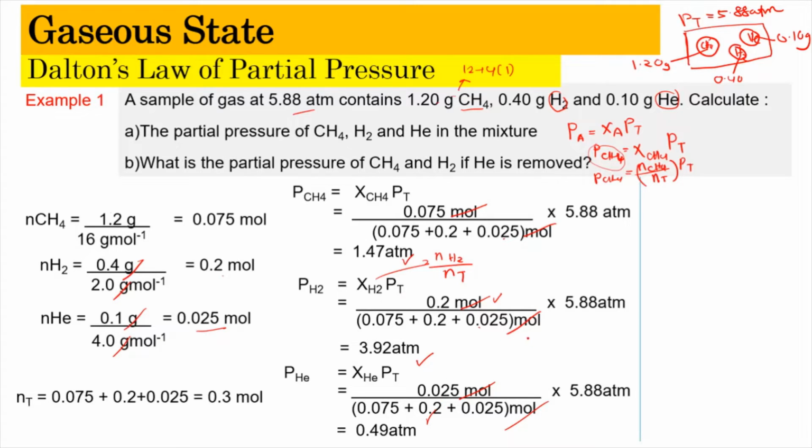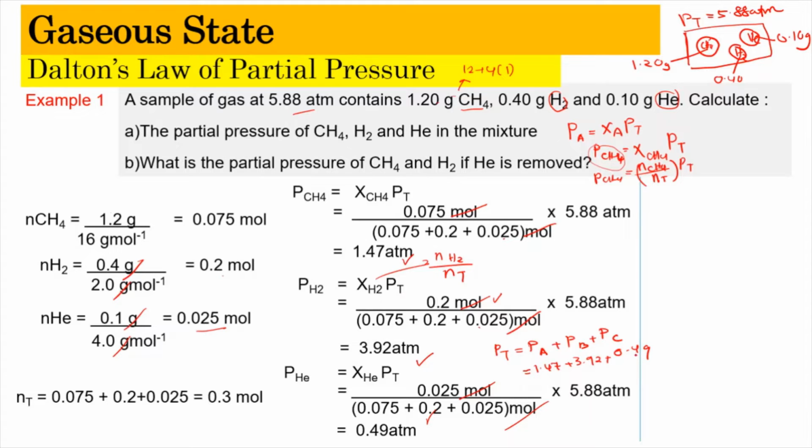And then you can double check your answer, because you know that PT is equal to PA plus PB plus PC, right? Because you have three gases, PA here refers to the CH4, so you can say that 1.47 plus your partial pressure of gas B, which is 3.92, plus the partial pressure of gas C, which is 0.49.